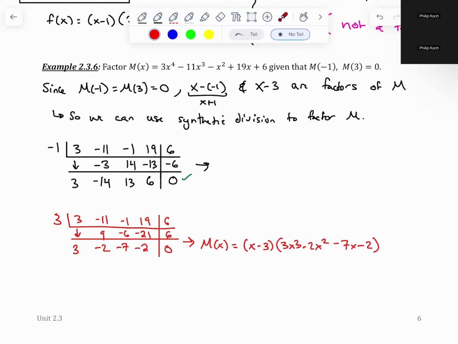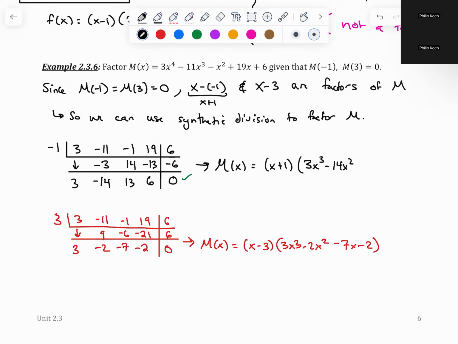No worries. And so, by the big boy factor theorem, I'm going to have to say it every single time. You have to do it too. This means that we can break it down into m of x equals our factor that was given, x plus 1, times 3x cubed minus 14x squared plus 13x plus 6.